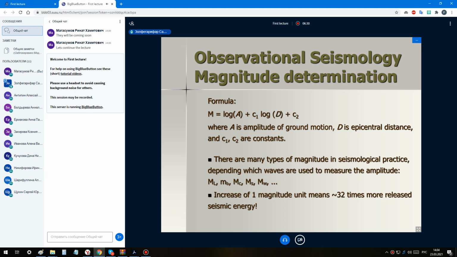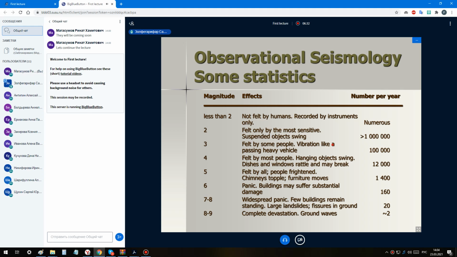The next slide shows a table of observational seismology, some statistical numbers, for example.